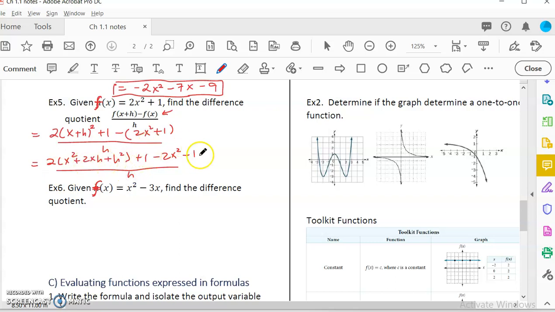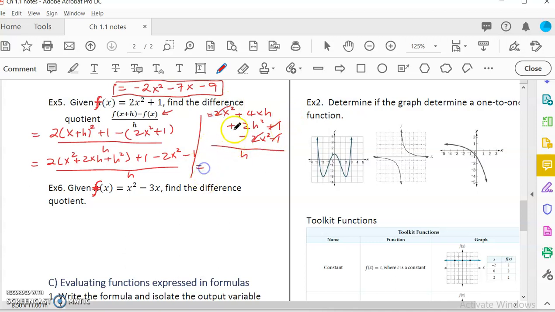So that would equal 2x squared plus 4xh plus 2h squared plus 1 minus 2x squared minus 1. Minus 1 plus 1 cancel, 2x squared and 2x squared cancel, all over h.